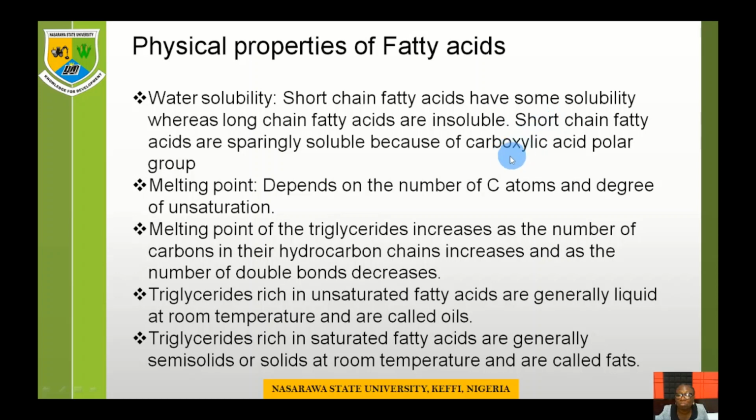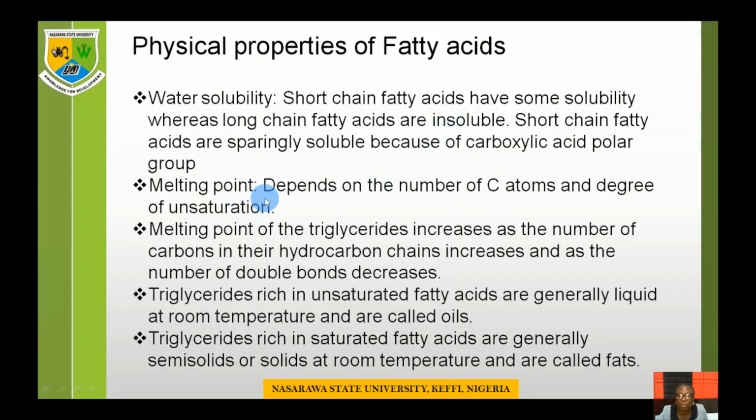They can be little soluble because of the carboxylic acid, which is a polar group, but the long chain fatty acids are completely insoluble in water. So the longer the chain, the higher the insolubility, and the shorter the chain, the more the solubility.